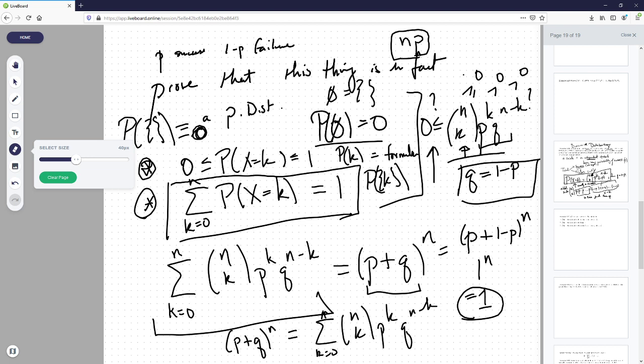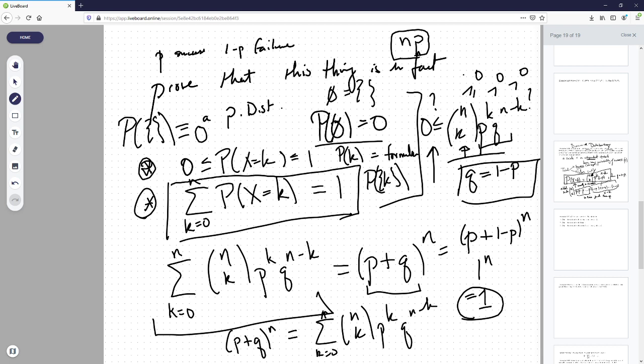It's a definitional requirement in terms of a probability distribution. Normally you don't have to verify it, because if you define the probability distribution in any way that makes sense, this will automatically be true, and if it's not true, then you're in trouble.